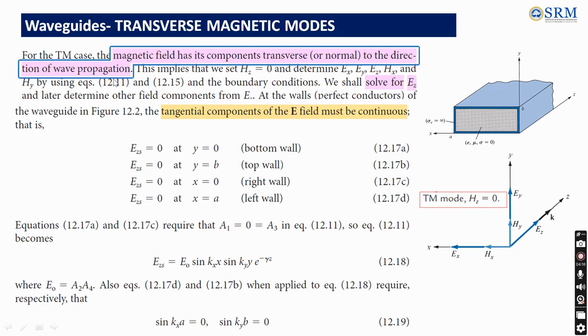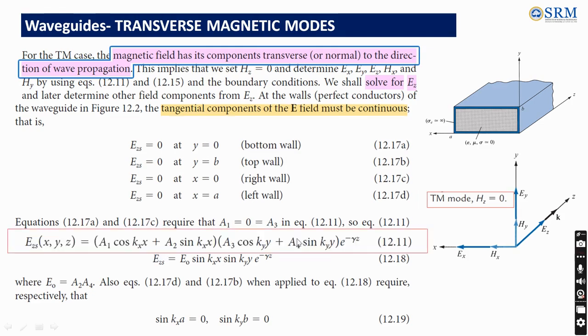We find them by using the standard equations that we already found in the previous session, along with the 12.15 equations, Ex, Ey, Hx, Hy, which are functions of Ez and Hz. Along with this and the boundary conditions, we can find the other components.